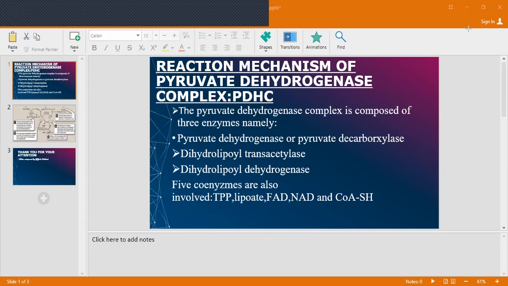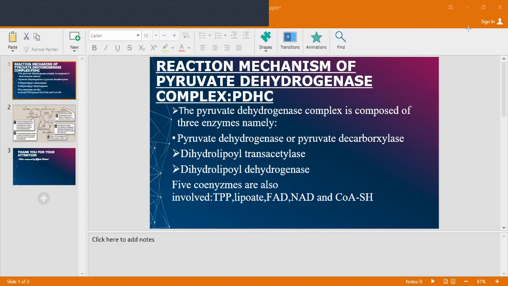Also, we will have 5 coenzymes which are in the complex, namely thiamine pyrophosphate, lipoate, flavin adenine dinucleotide, nicotinamide adenine dinucleotide, and coenzyme A, vitamin B5.